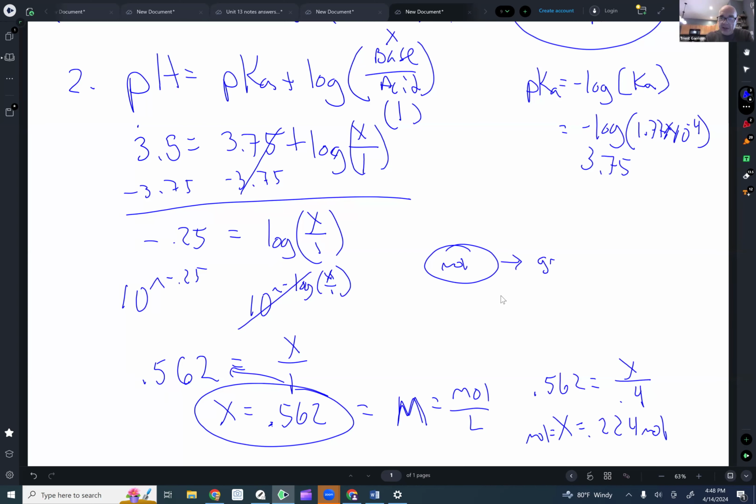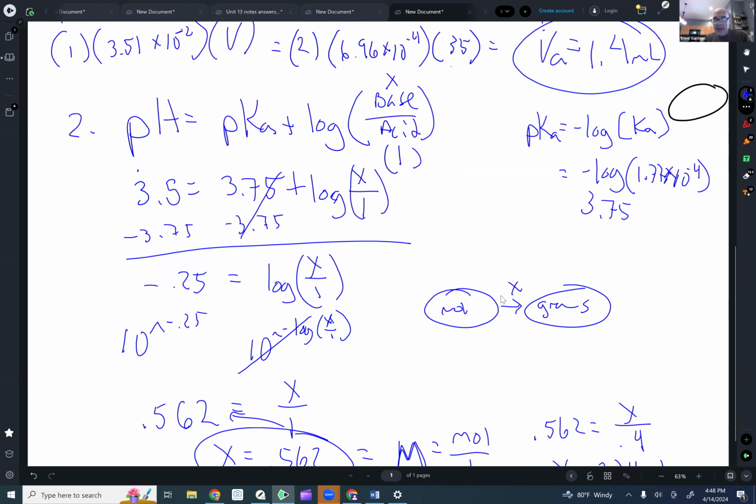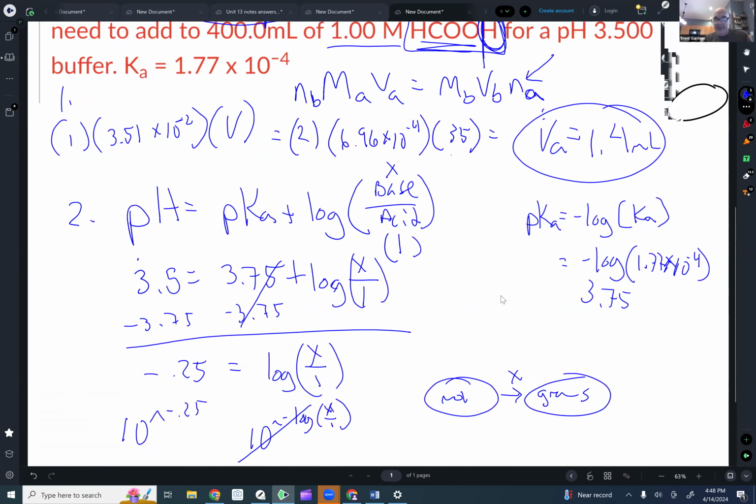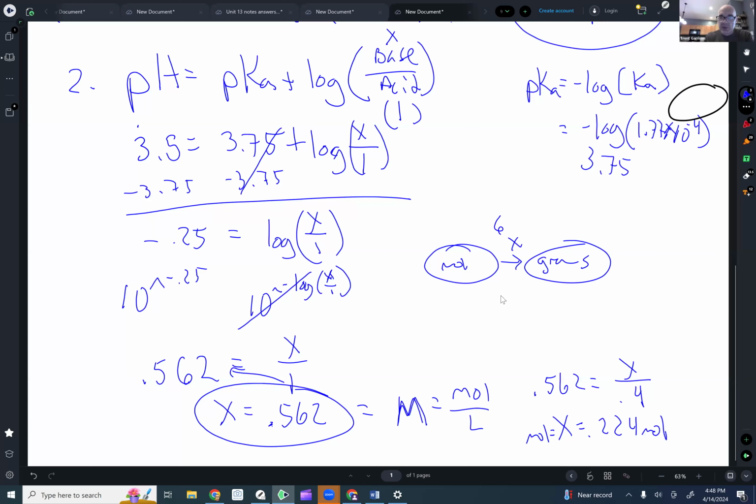To go back out to grams, what we're going to do is multiply. What do we multiply by? The molar mass, and they tell us the molar mass is 68.0069, or just multiply it by 68. And so that becomes 15 grams is what our answer should be after that point.